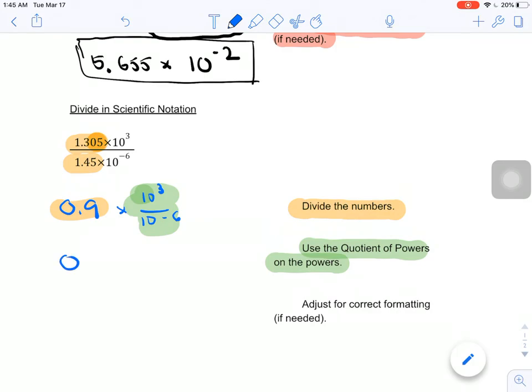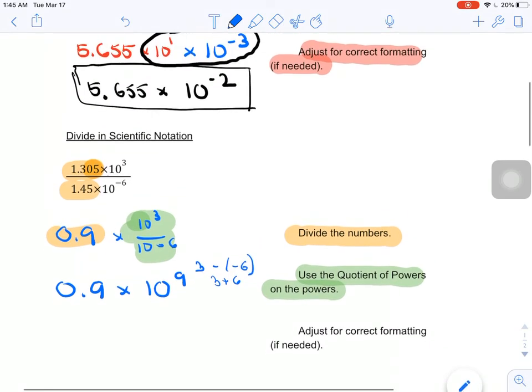So if we do that, we end up with 0.9 times, and you have to be careful because this is a -6. So when you subtract the exponents, you're going to be doing 3 minus -6. So just be really careful with your negatives. So minus a negative we know is the same thing as adding. So 3 minus -6 is the same as 3 plus 6. So I'm going to end up with 10 to the power of 9.